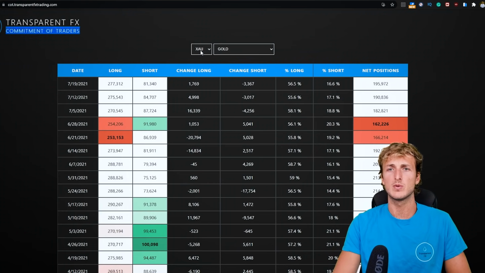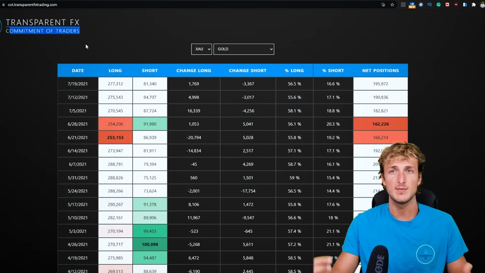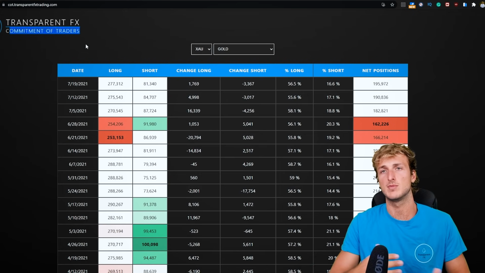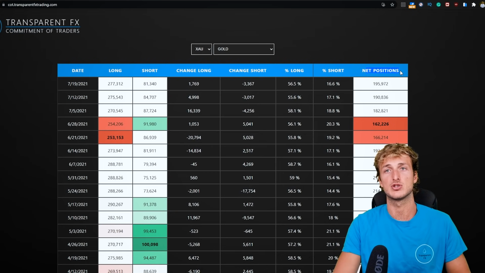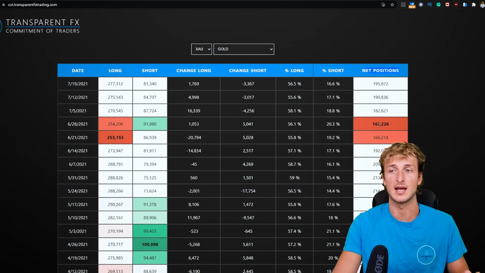Now, if we go and see what we have from a COT perspective, so basically commitment of traders, so what the non-commercials and the big hedge funds, the biggest speculators in the market, are doing, we can see how lately net positions have been getting bigger and bigger.